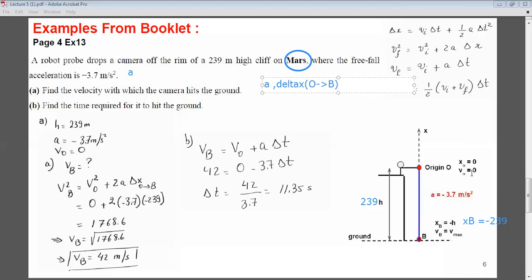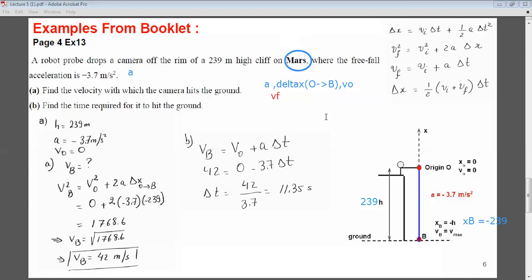So we also have V0 equal to 0. So what is he asking for? He's asking for the final velocity, right? So I need to calculate the final.